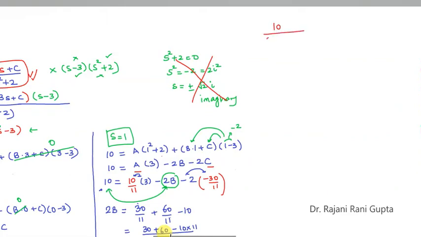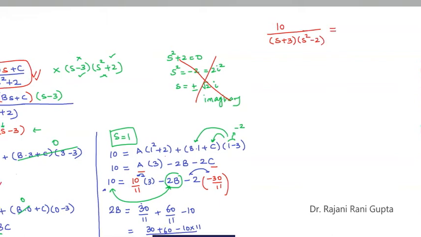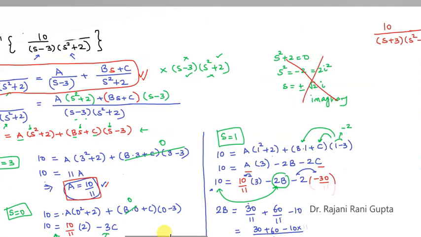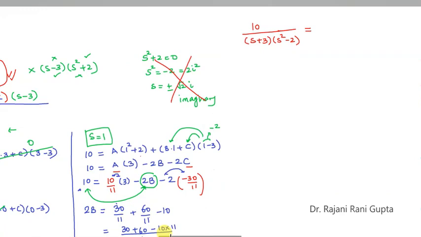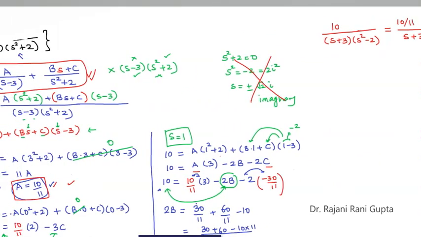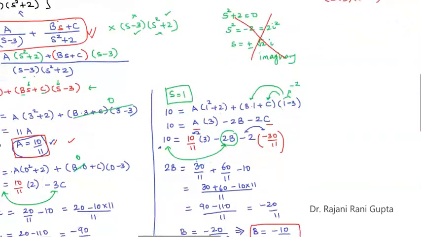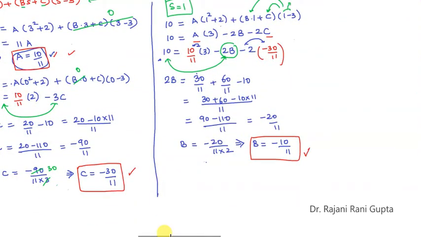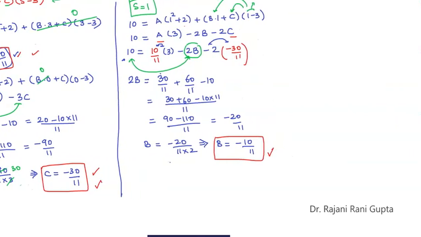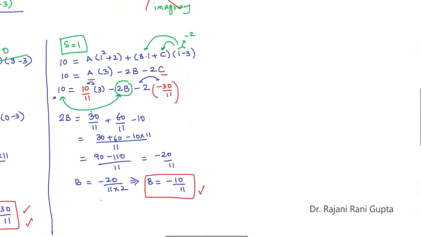10 over s plus 3 s square plus 2 equals A over s minus 3, and A is 10 over 11. So 10 divided by 11 over s plus 3 plus Bs plus C. B is minus 10 over 11 and C is minus 30 over 11.